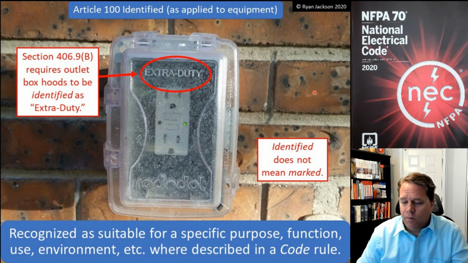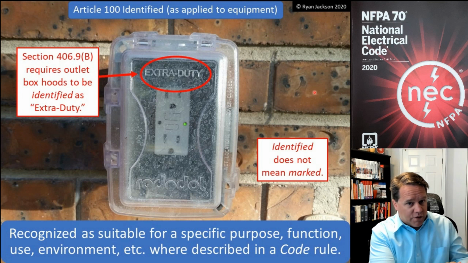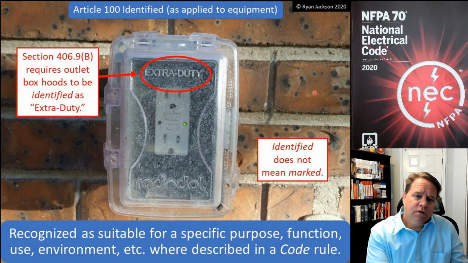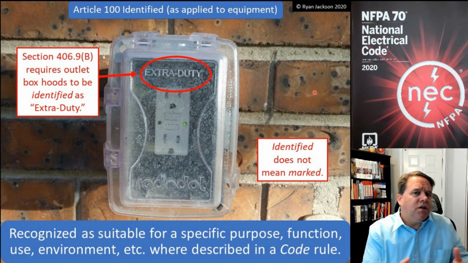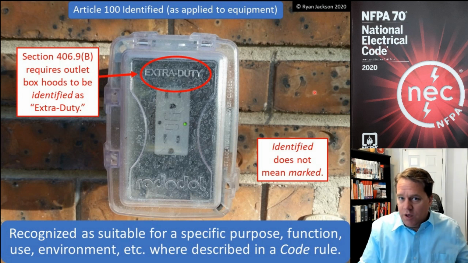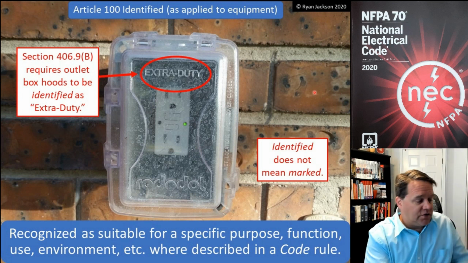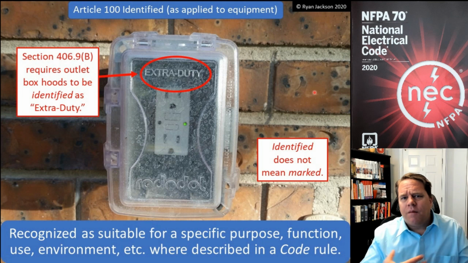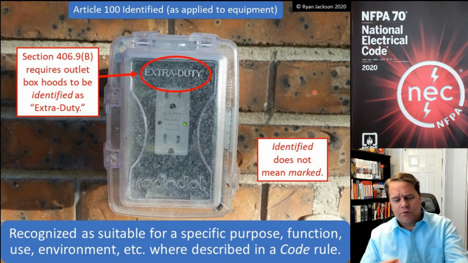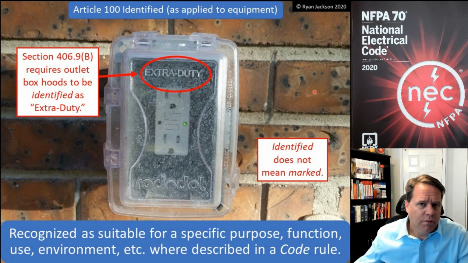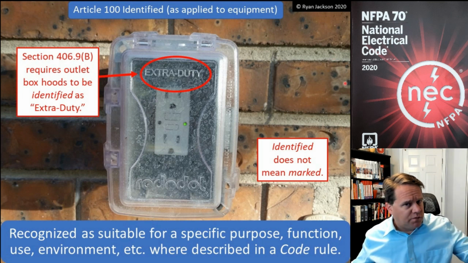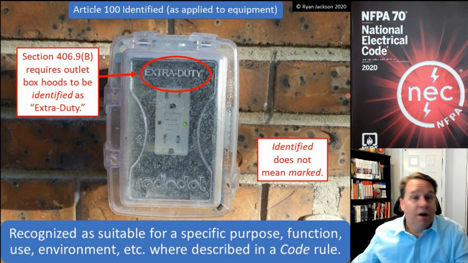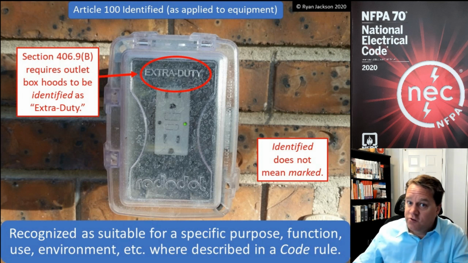So it has to be listed, that's one thing, but the product standard for these outlet hoods might not detail what extra duty means. So it's a listed product, but it might not be strong enough to hold up to the kind of abuse that these things normally get. So we don't want it to just be listed. We also want it to be identified as extra duty, which again means recognized as suitable.